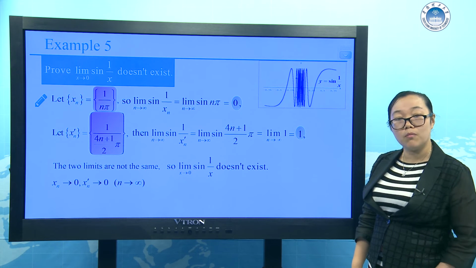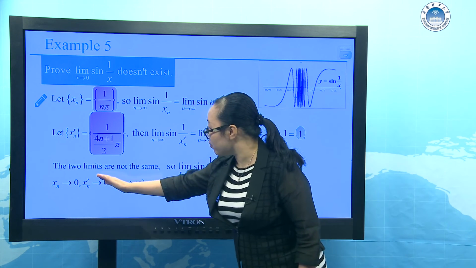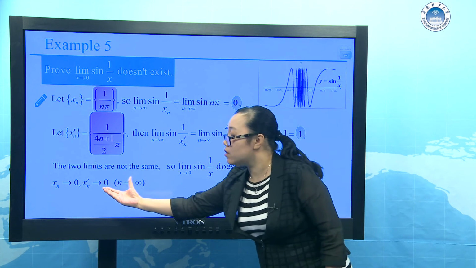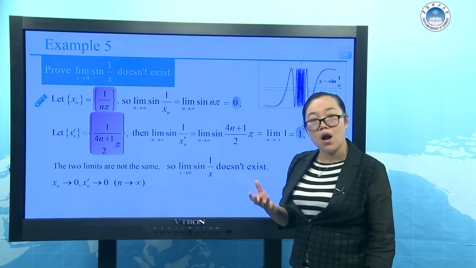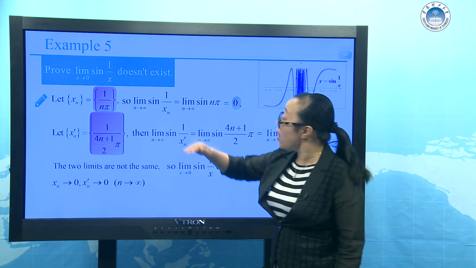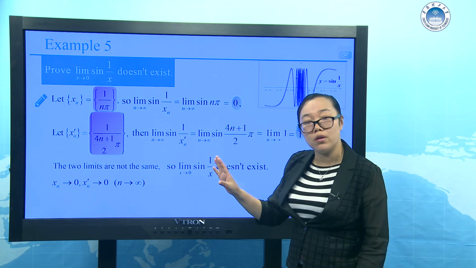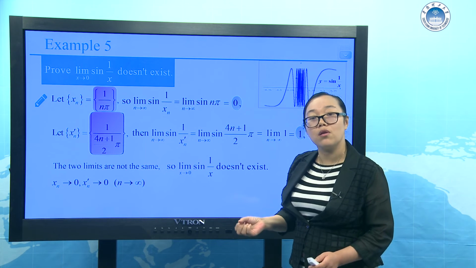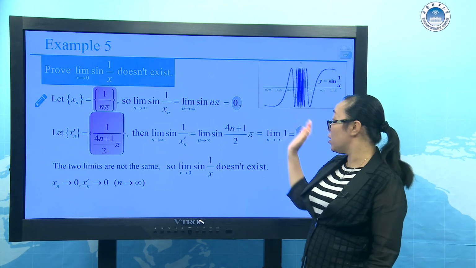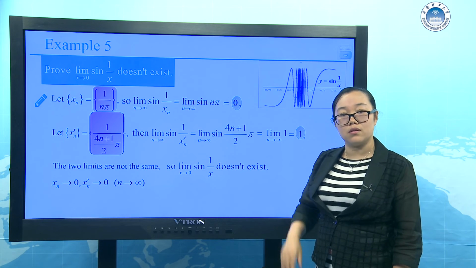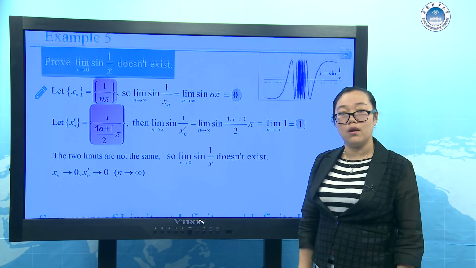Pay attention in your mind: x_n and x_n prime, if n tends to infinity, always tend to 0, means the points x_n and x_n prime are only some special points in our given domain. The two limits are not the same, means the limit doesn't exist. Try to understand the question.